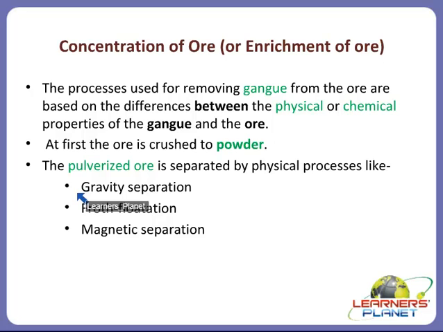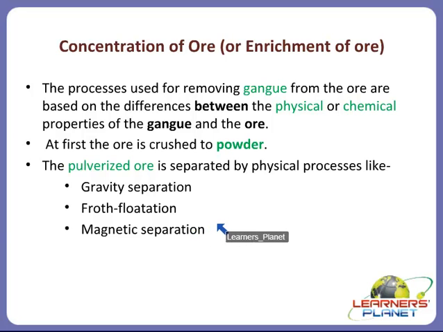Why? Because you are getting ore in the form of a lump. Now that has to be crushed into powder. So at first the ore is crushed to powder. The next step is the pulverized ore is separated by physical processes like gravity separation, froth flotation and magnetic separation.